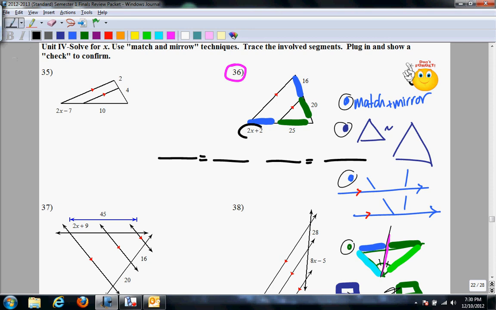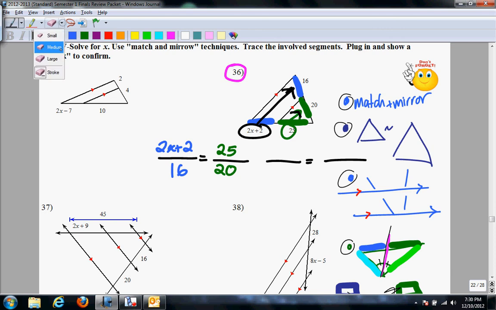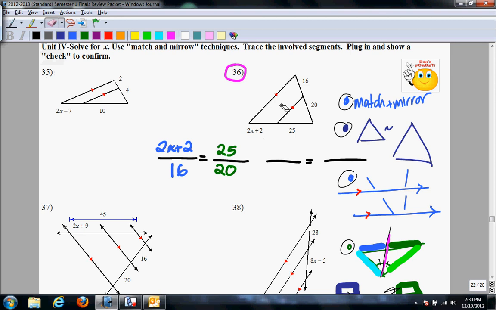So I could go 2x plus 2 over 16 equals 25 over 20. Notice I'm in the habit of putting the arrows to help orient myself as to which direction I go. I could also look at it like this. I'll get the same thing.